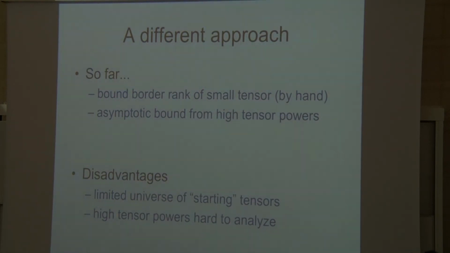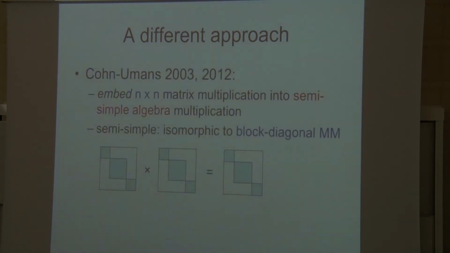Okay, so I hope you saw that from the description of the work so far. The idea that we have is to think about the n by n matrix multiplication tensor for large n, and to embed it into a semi-simple algebra multiplication.